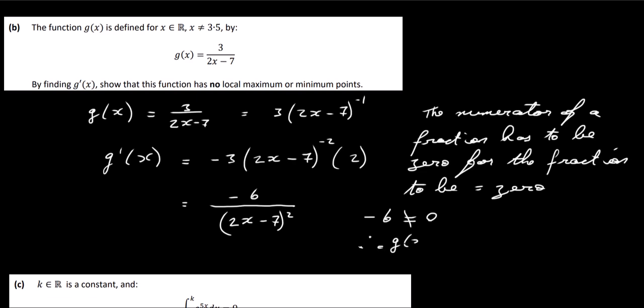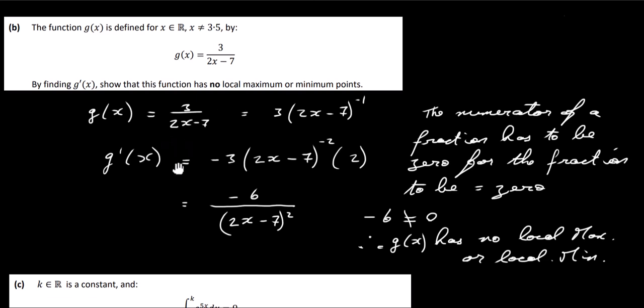Therefore, g of x has no local maximum or local minimum. In other words, the normal way you would find the local maximum or minimum is to do the first derivative and let it equal 0. But this fraction can never be equal to 0 because the numerator is not 0.